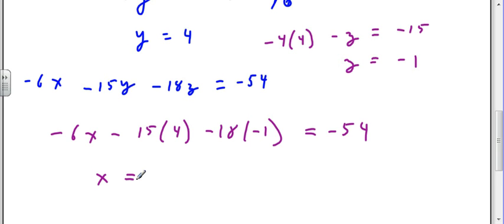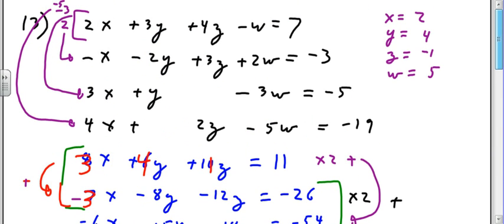Minus 54 plus 60 minus 18 is minus 12. So I got minus 12 divided by minus 6, which is a 2. Is x supposed to be a 2? Yes, it is. All right.